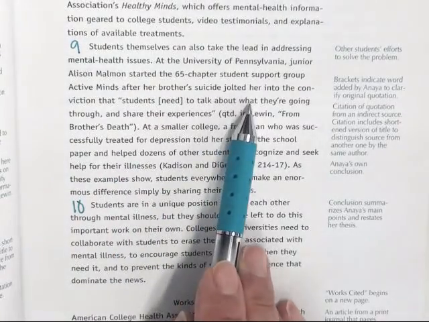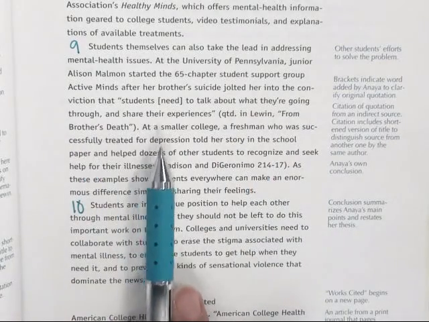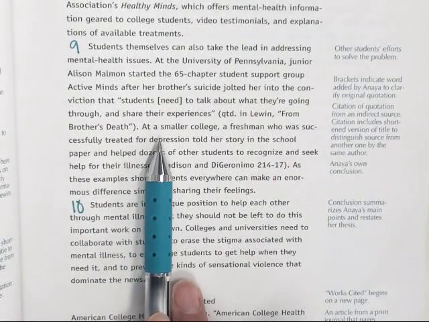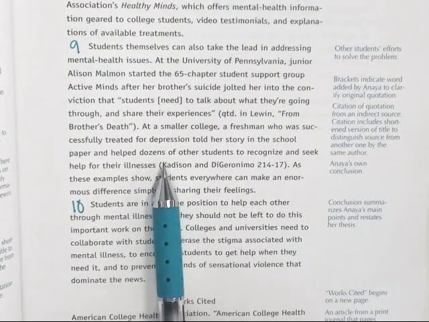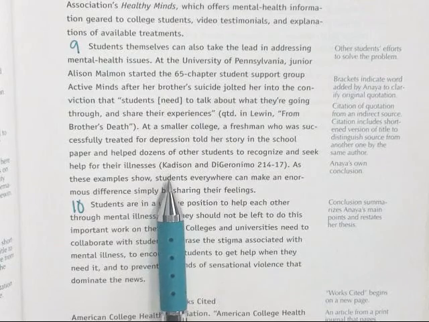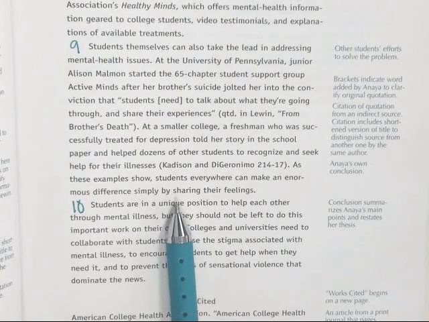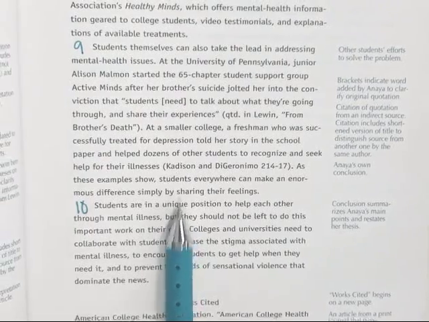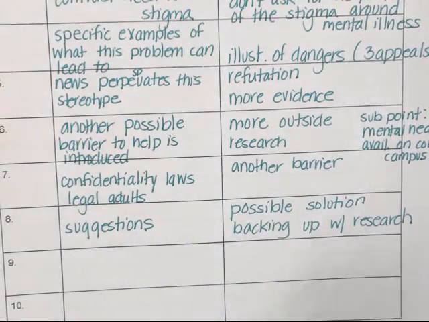So this is a quote within another source, and that's how you would document that. At Smaller College, a freshman who was successfully treated for depression told her story in the school paper and helped dozens of other students recognize and seek help for their illnesses. As these examples show, students everywhere can make an enormous difference simply by sharing their feelings. All right, so here she's bringing other suggestions.